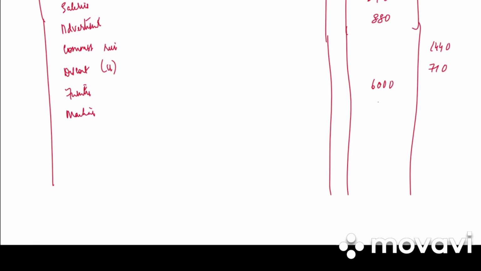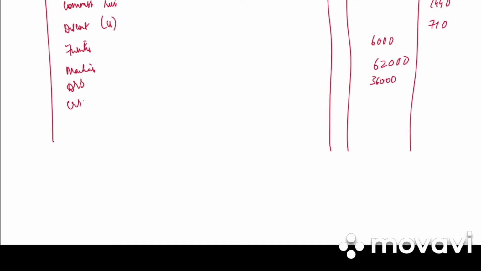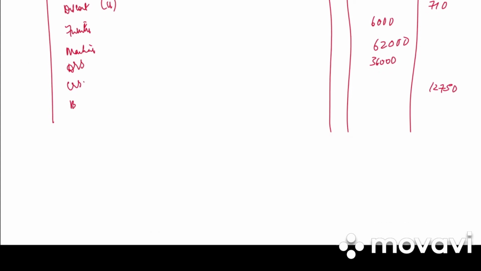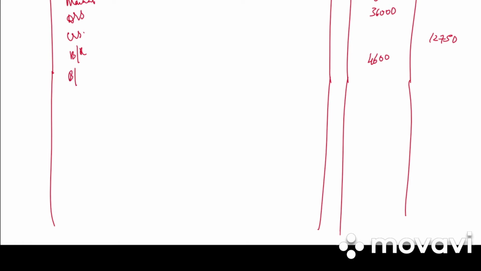Machinery, 62,000. Debtors, 36,000. Creditors, 12,750. Bills receivable, 4,600. Bills payable, 2,500 credit side. Cash in hand, 4,600.